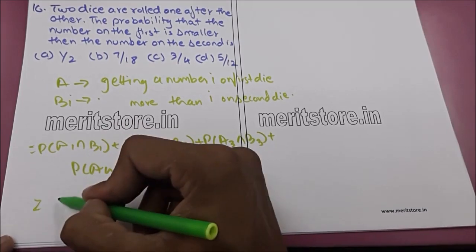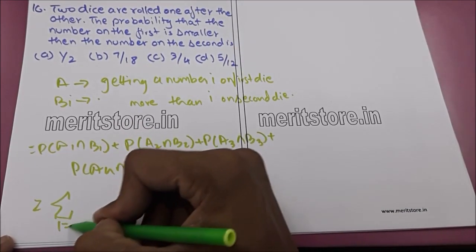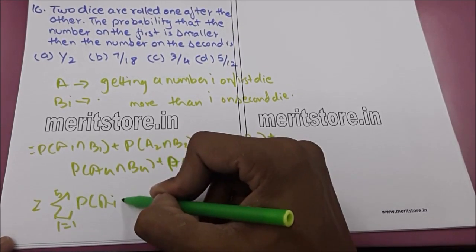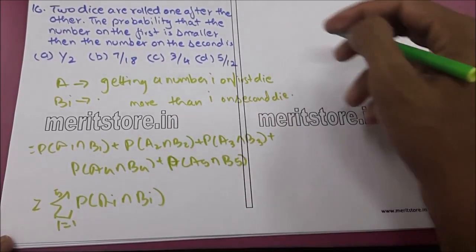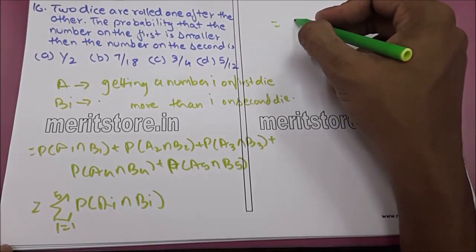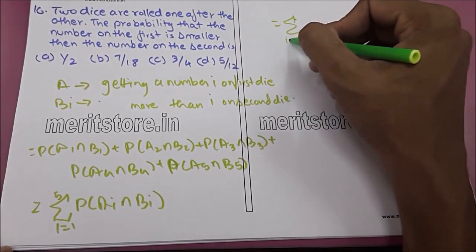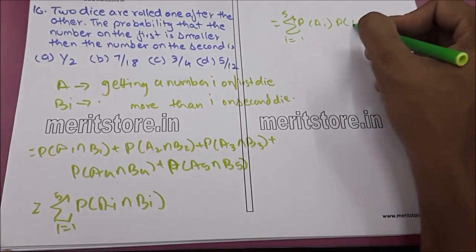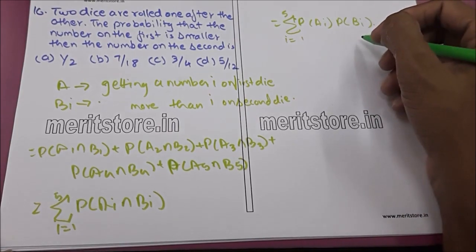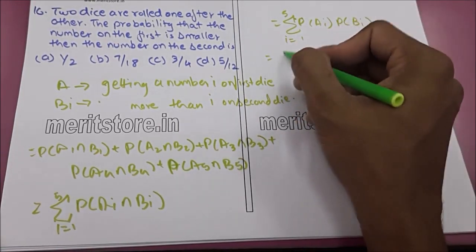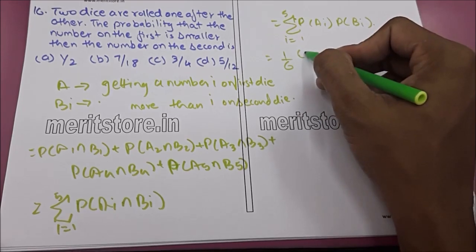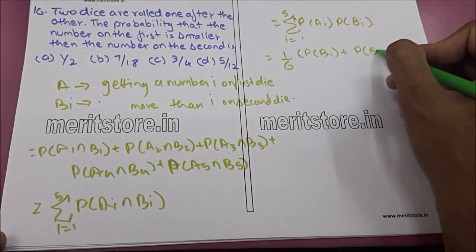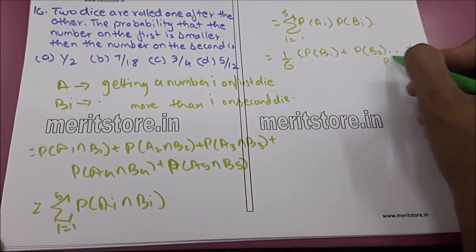So we get summation of i equal to 1 to 5 probability of A_i intersection B_i, which is equal to summation of i equal to 1 to 5 probability of A_i times probability of B_i, where A_i and B_i are independent, so we get 1 by 6 times probability of B1 plus probability of B2 plus up to probability of B5.